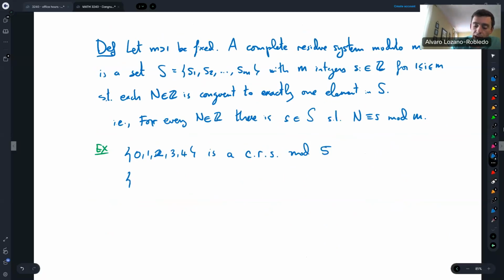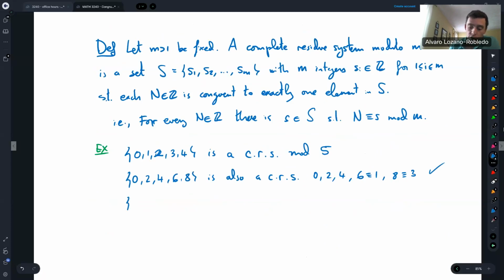But we also have that 0, 2, 4, 6, and 8 is also a complete residue system. And again, what you have to check is that it has all the possibilities modulo 5. And that is because we have 0, 2, 4, 6, which represents 1, and 8, which represents 3. So they're all in there.